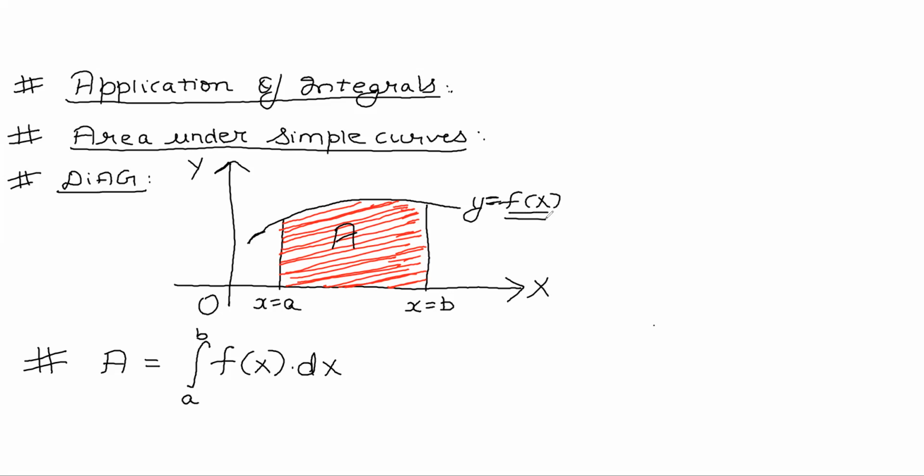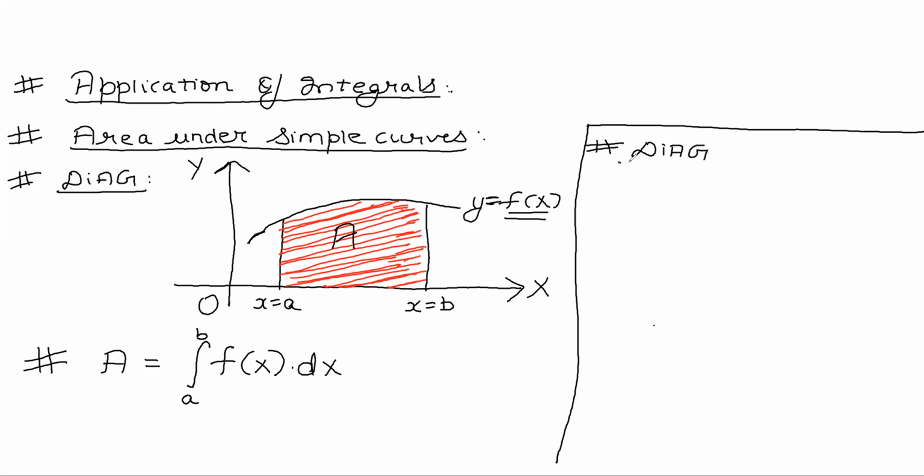Similarly, I can draw another diagram. This is another case. Look at this diagram which I am drawing on the screen on the right hand side. Suppose again this is my x-axis, this is my y-axis.